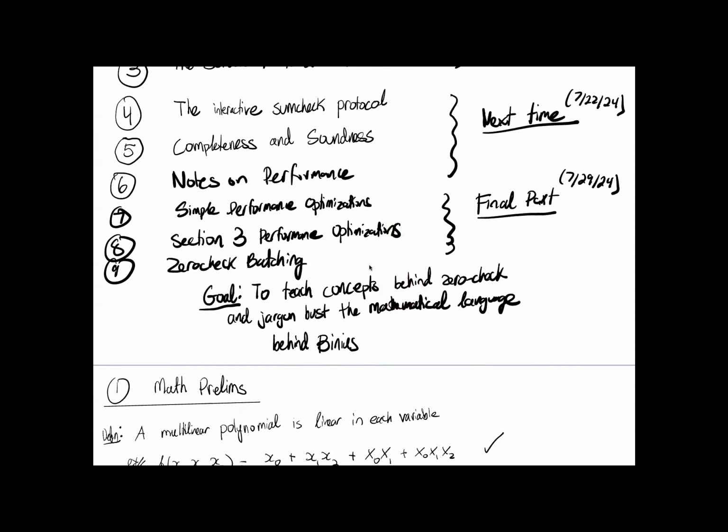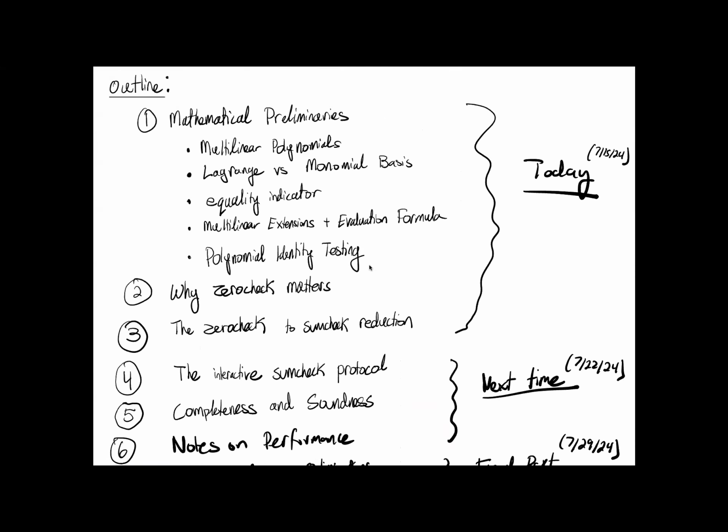Finally, we'll talk about performance optimizations and smart things you can do to make sum check faster and better. But today we're going to focus on the math preliminaries to understand everything, and also the basics of Zerocheck: why it matters in the context of proof systems and how we can change our Zerocheck instance into a sum check instance.